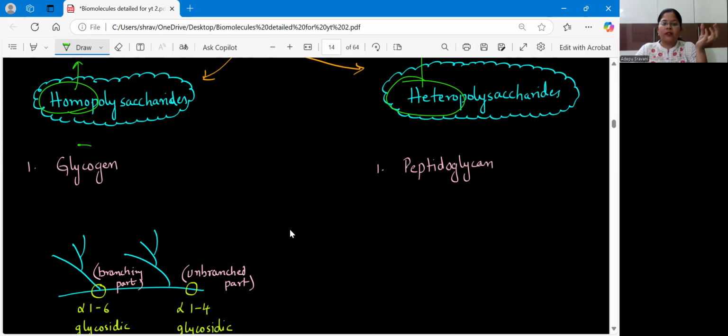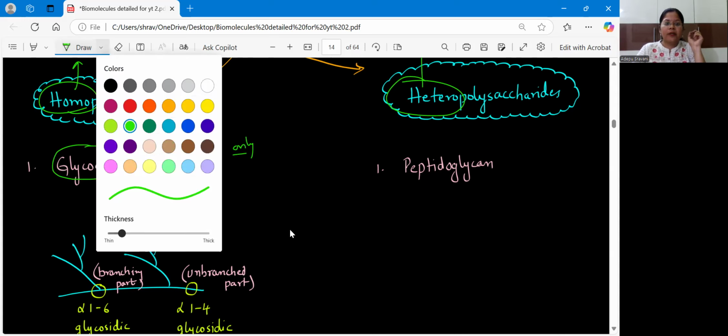Now, first coming to the structure of glycogen. Glycogen is made up of alpha glucose units. So it is a polymer made up of alpha glucose only. But these alpha glucose units are arranged in different forms.